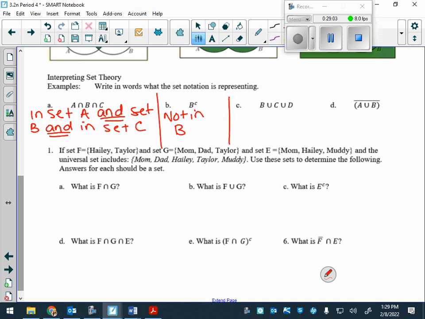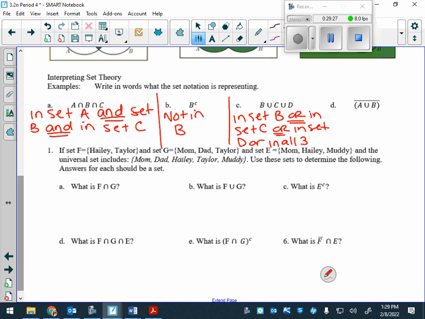Then we have that U, which represents what? Or. So in set B, or in set C, or in set D, or in all three. So where they all intertwine.